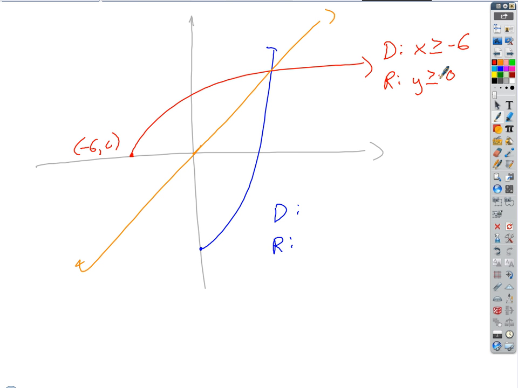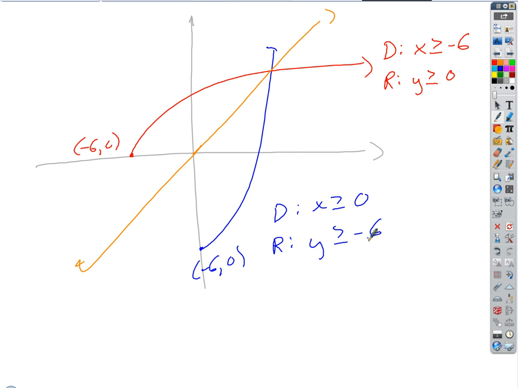Because the y values start at 0 and just go up. Agreed? What about down here? We said that the domain was all values to the right of 0, including 0. So x is greater than or equal to 0. What's the range going to be for the blue function? If it's starting at the point 0, -6, it's going to be all the y values above that, right? So y is greater than or equal to -6.